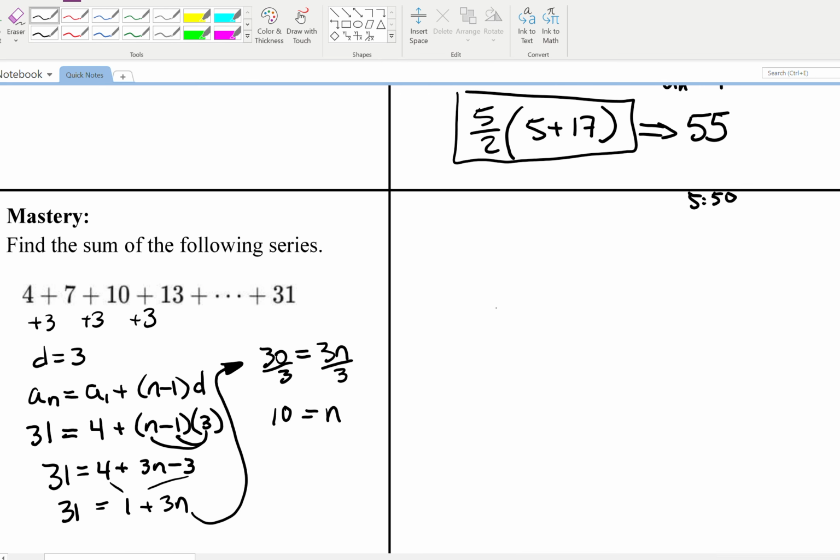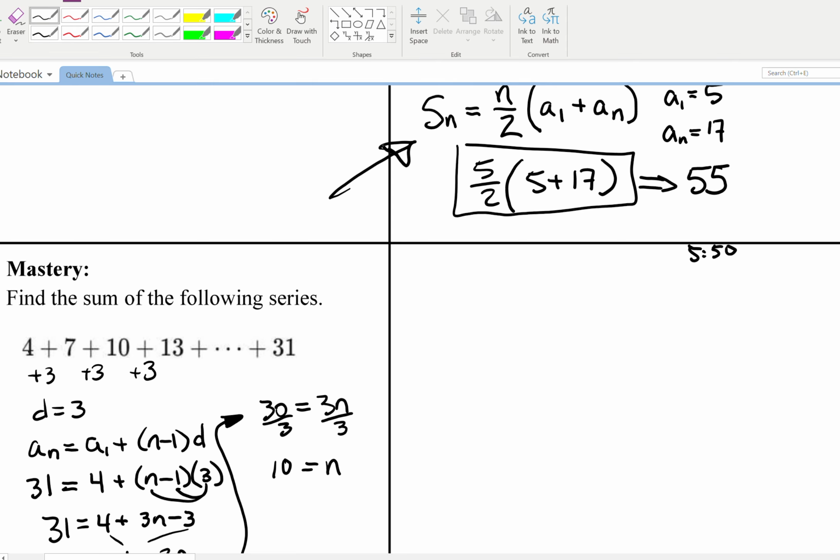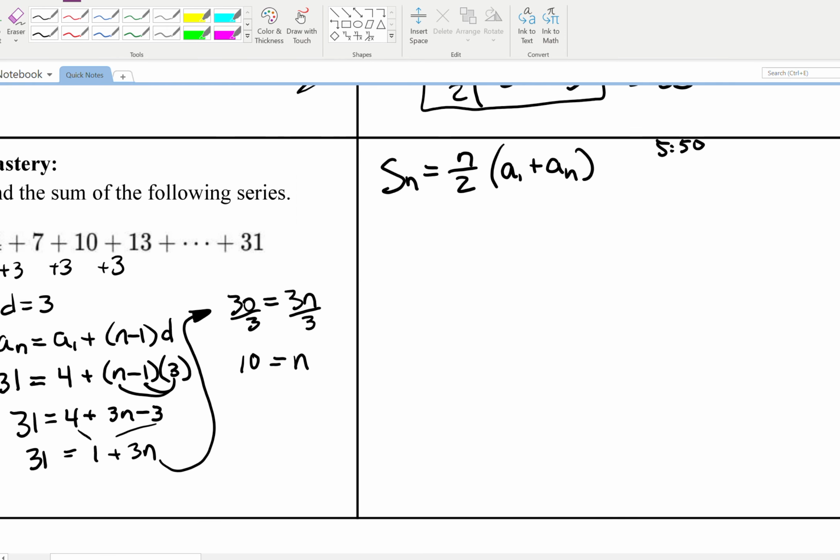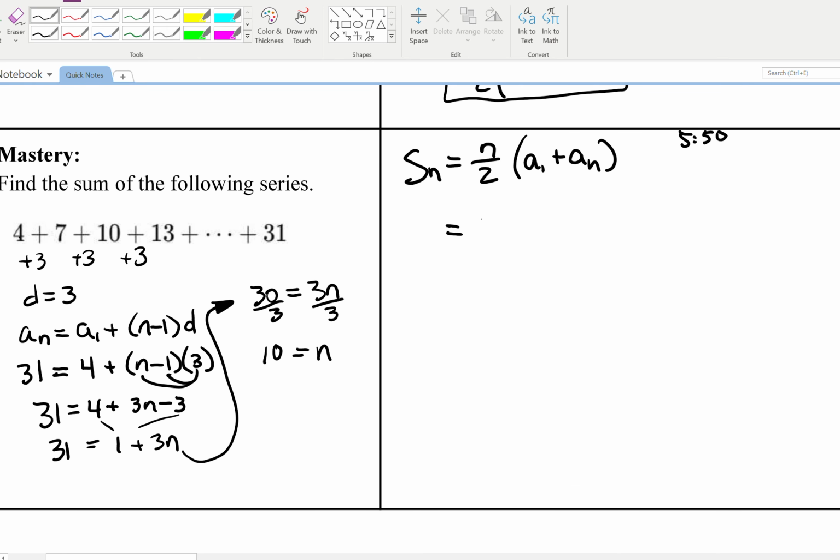I can go back and use the formula that we just talked about in the prior problem. S sub n is equal to n over 2 times a sub 1 plus a sub n. Now that we know that n is 10, this is equal to 10 divided by 2 times the quantity 4 plus 31.